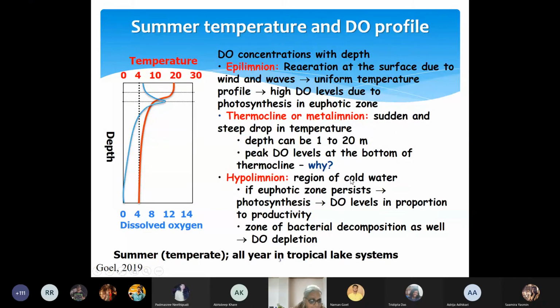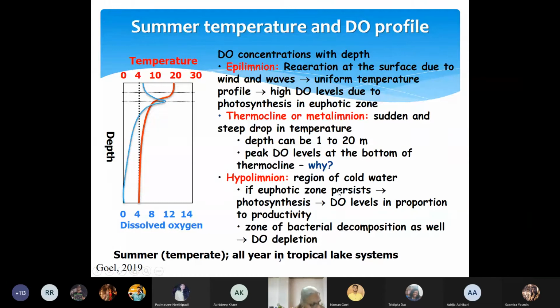And then as the temperature goes down, your DO levels, if the water is fairly good quality water, the DO level will start rising, for the simple reason that the DO saturation for low temperature is higher than the DO saturation for higher temperatures. So you get this interesting profile, and then comes the third layer.